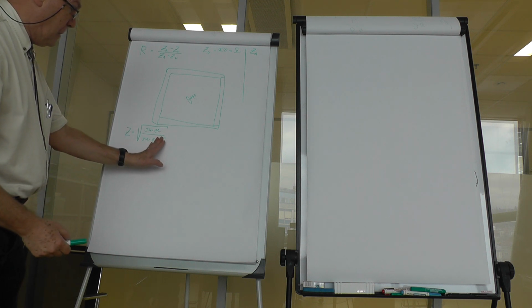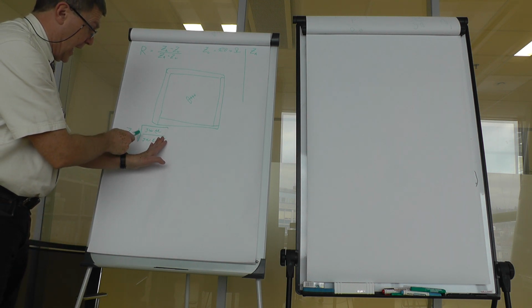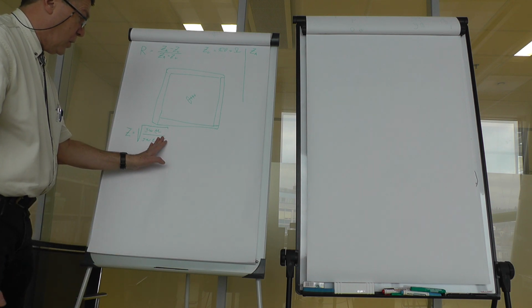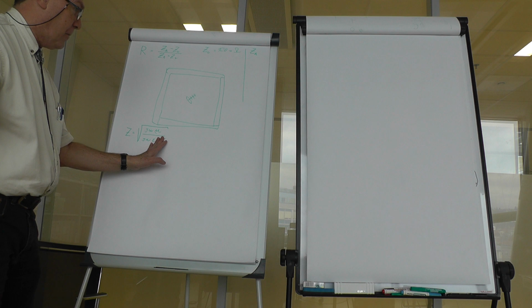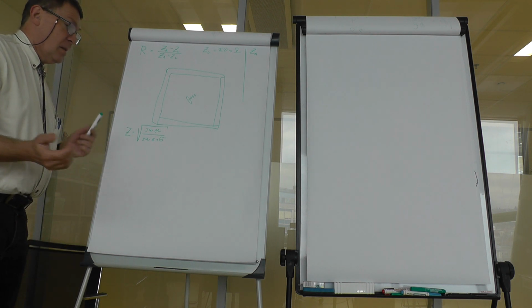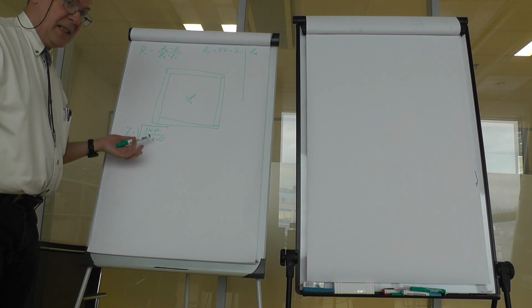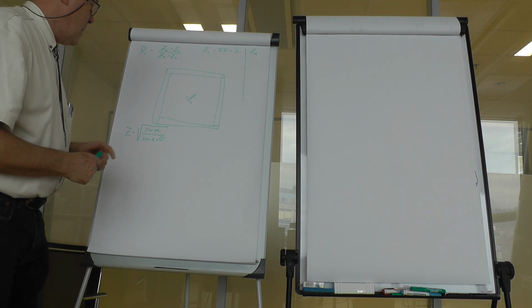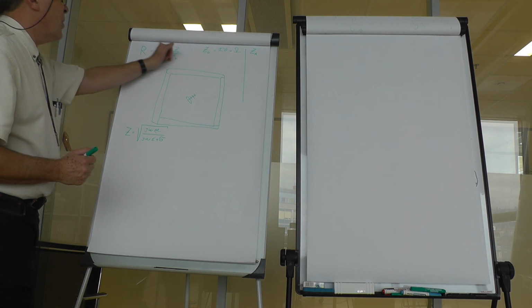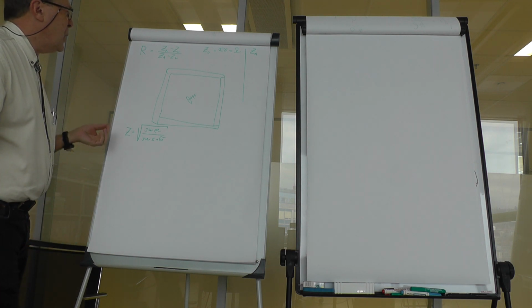For non-conductive materials, you would cancel j omega, and the square root of mu over epsilon for a free space is 120 pi ohms, approximately 377 ohms.